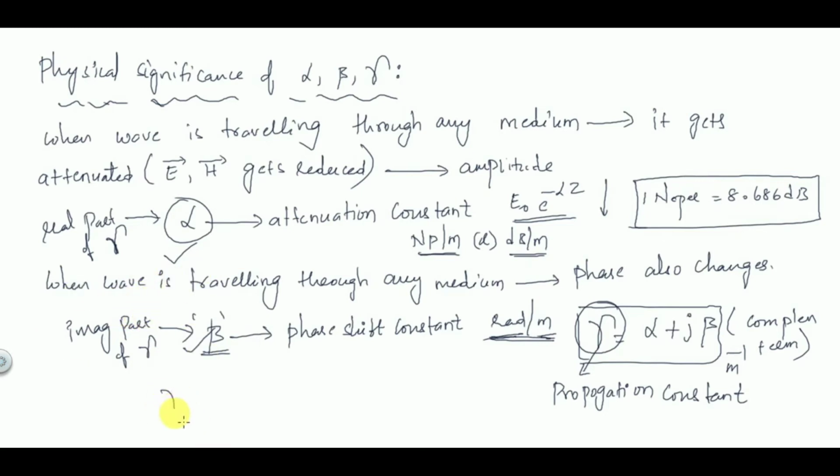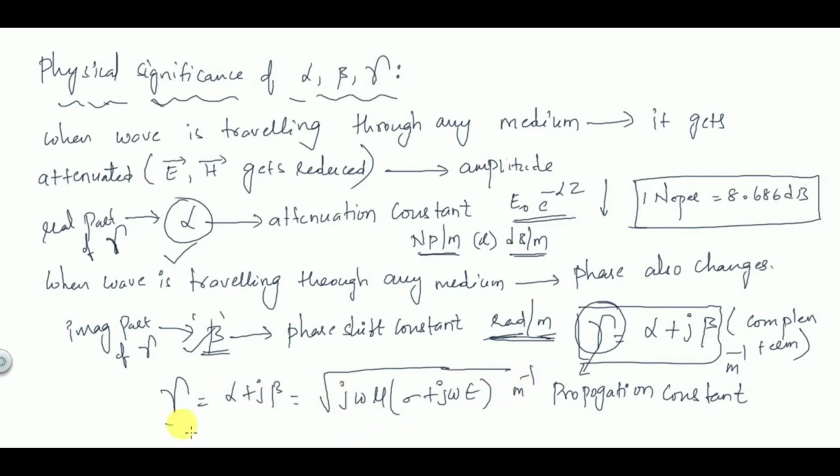In terms of medium parameters, gamma is equal to root of j omega mu into (sigma plus j omega epsilon), per meter.